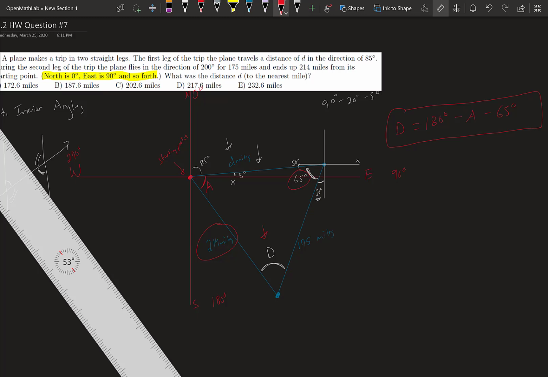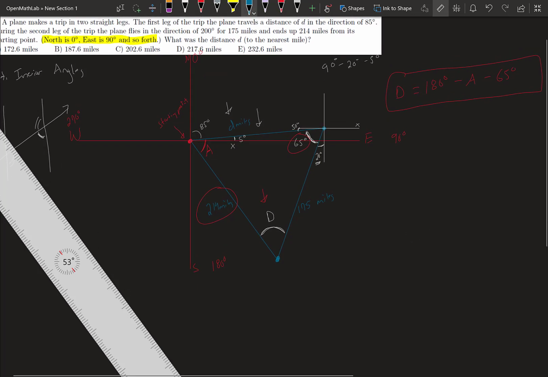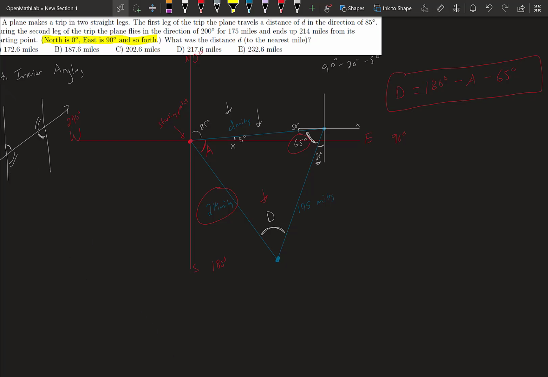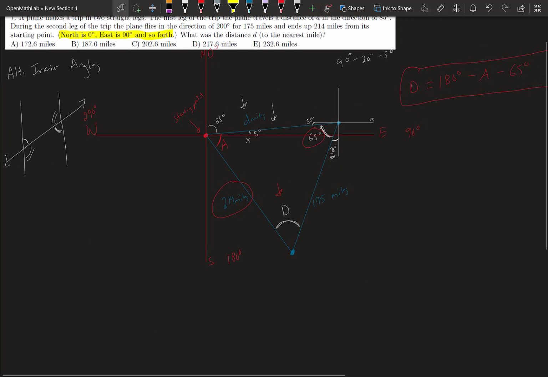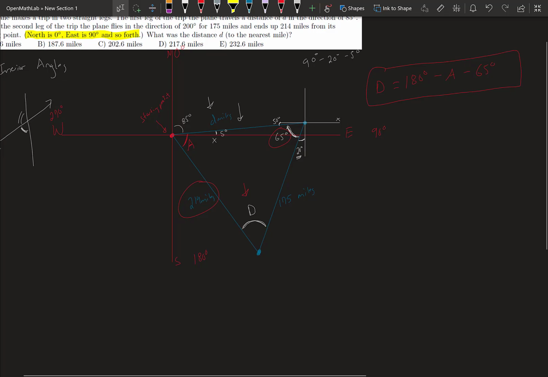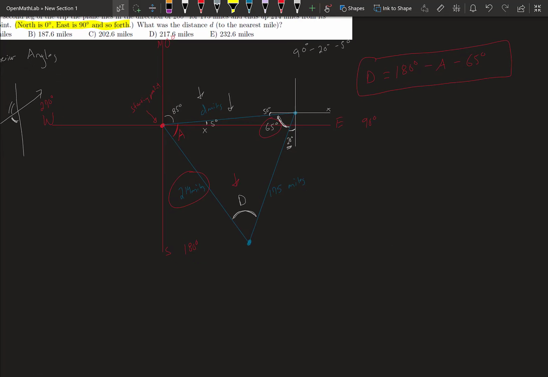So what I can do is, let me just get rid of this ruler now, I don't need it. Use the law of sines in order to find A, right? So my line of thinking is, my first step is to use the law of sines to find A. The second step is to find D by taking 180 degrees minus A minus 65 degrees.